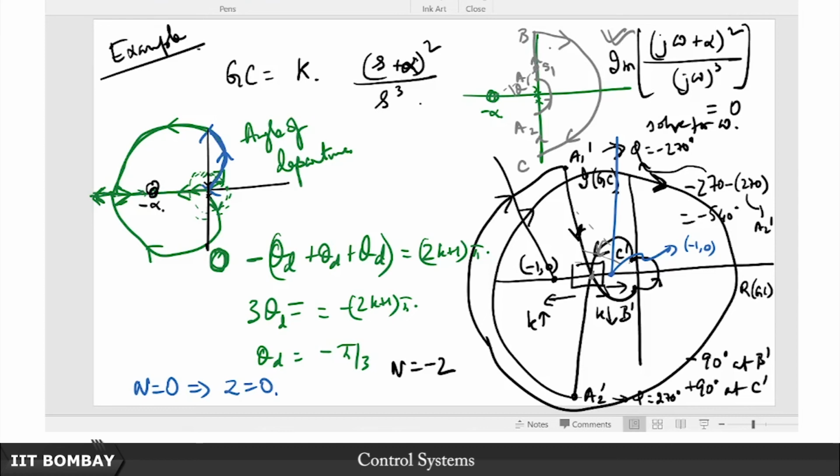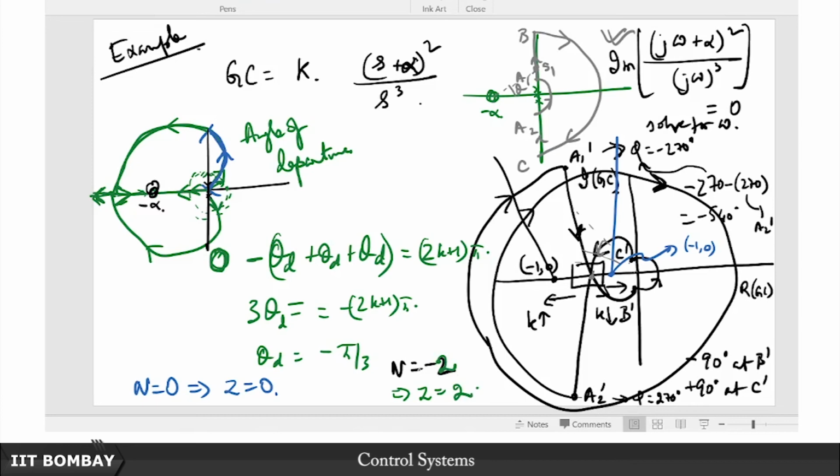And as I have now shown you, this small dent that you have taken is going to play a very important role, because this dent is effectively telling you that there are going to be these two encirclements, and that n is going to be minus 2, clockwise encirclements. So n equal to minus 2 tells me that z is going to be 2, which is the undesirable situation.